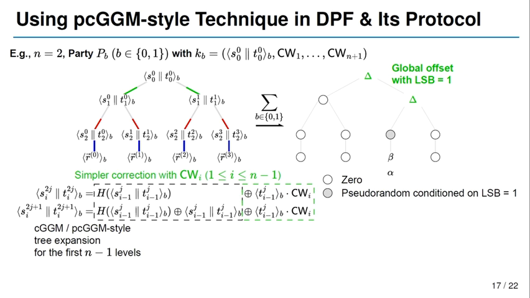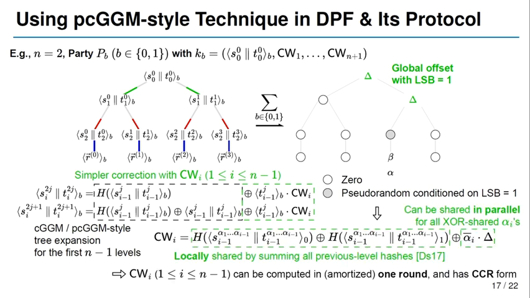And the correction with respect to this tree expansion ensures that for the first n-1 levels, the sum of the two parties' tree shares equals a global offset delta. And this delta has a non-zero LSB. And otherwise, we have the same construction here, just like the red and blue correction as the previous works.